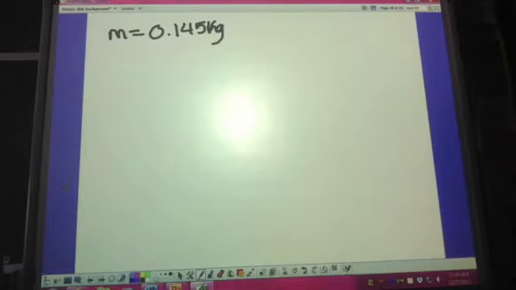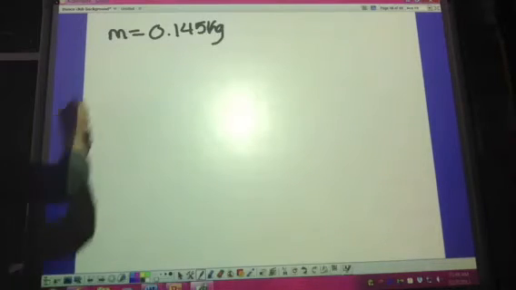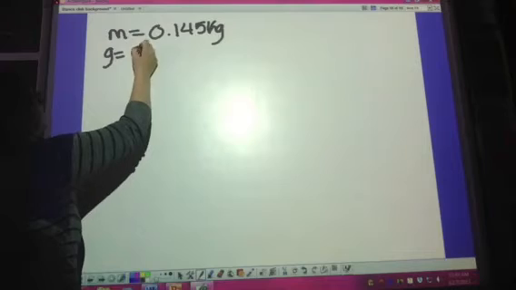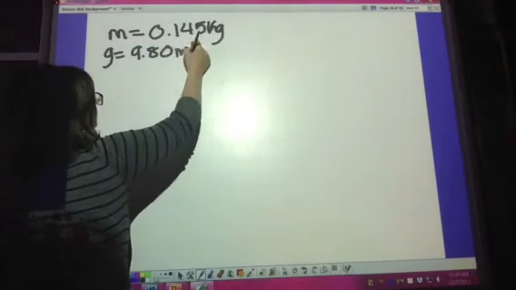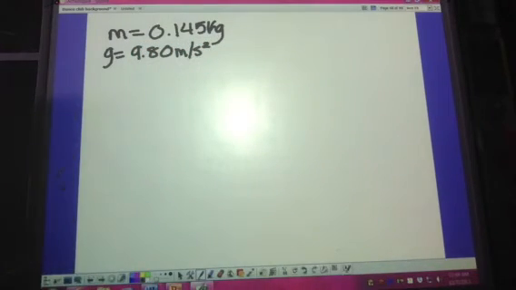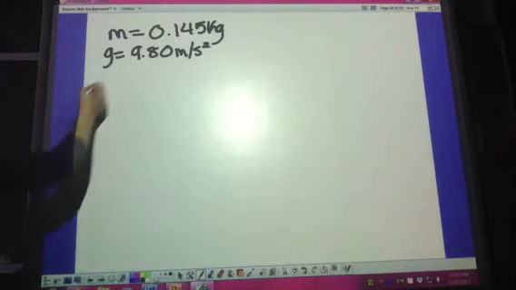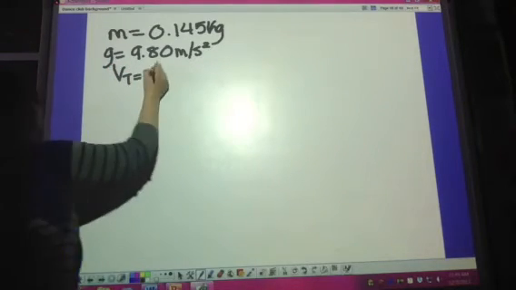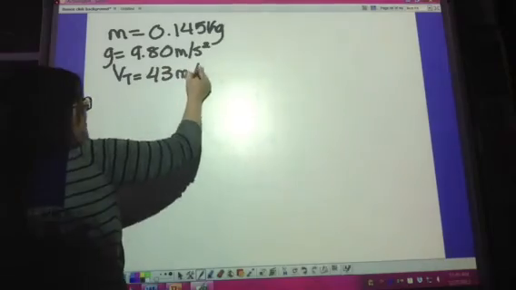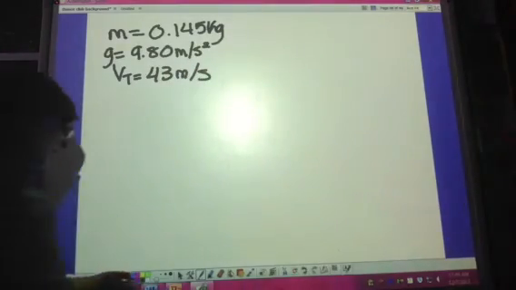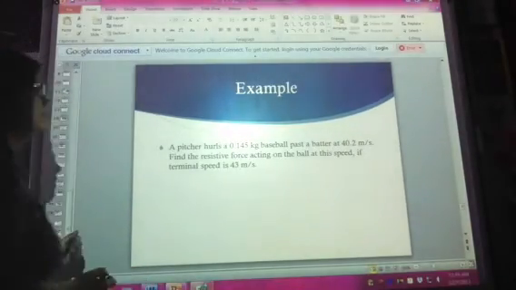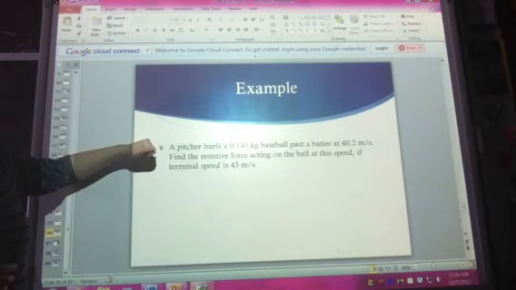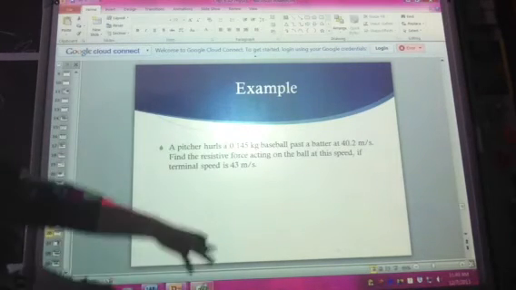We know acceleration due to gravity, g, is going to be 9.80 meters per second squared. I also know that the terminal speed, vt, is going to be equal to 43 meters per second. And then they also gave us a speed, this initial speed of like that 40.2.